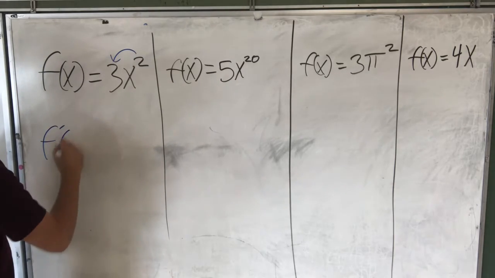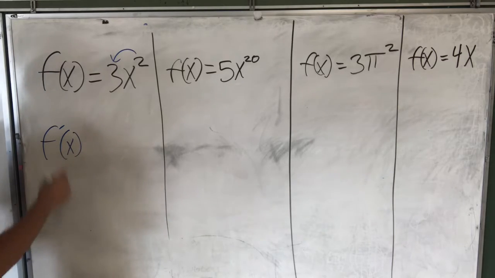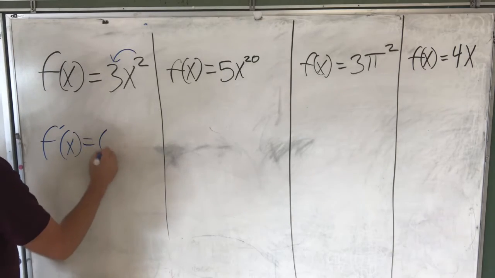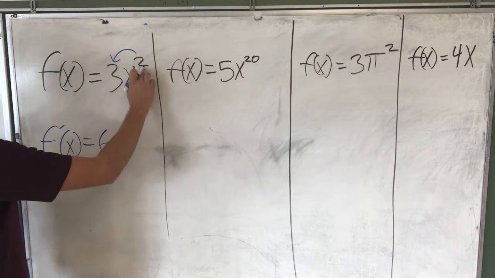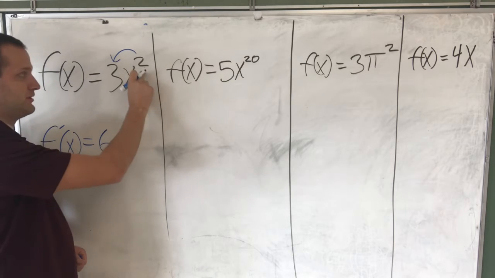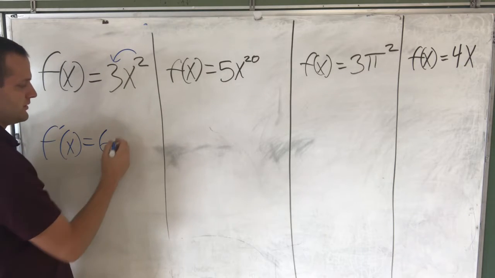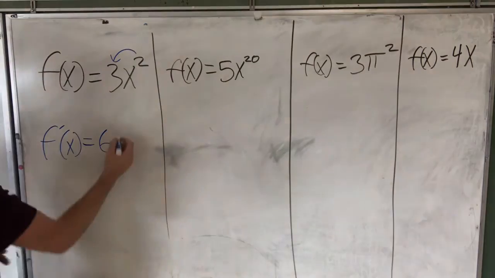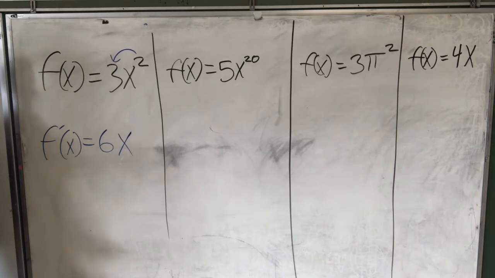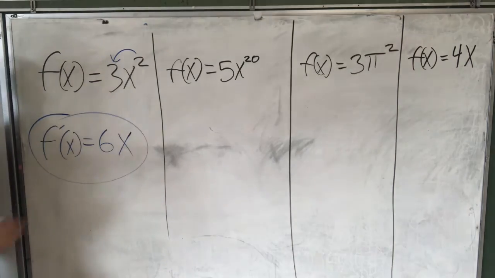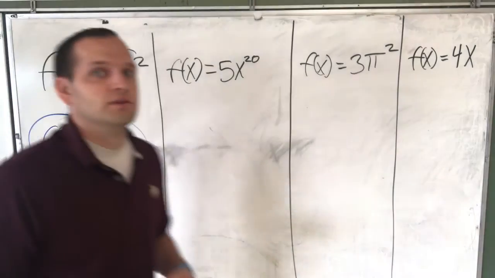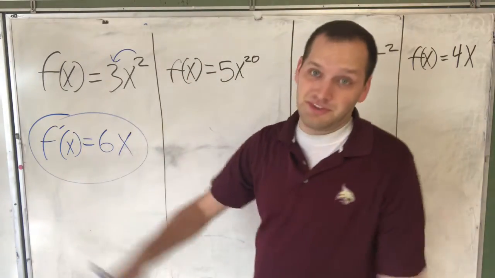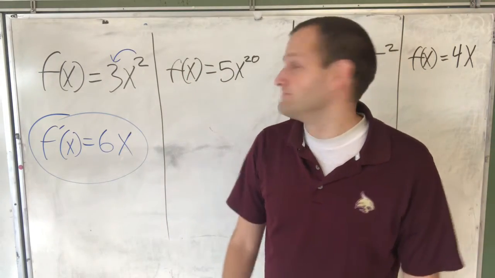So f prime of x, f prime means the derivative, is 6. Then what is 1 less than 2? We've got to subtract 1 from the 2. That's just going to be 1. Do I have to write x to the first power, or could I just write x? I can just write x. If you went through and used the difference quotient, that's what it would give you, 6x. Let's try this one.